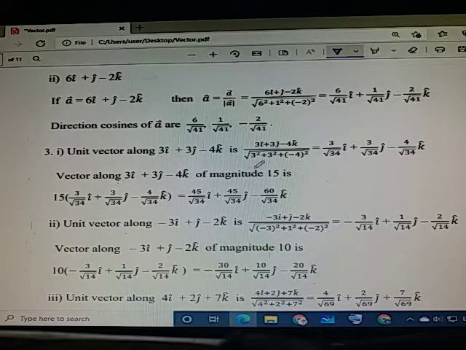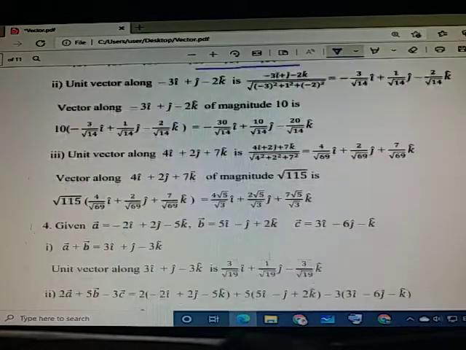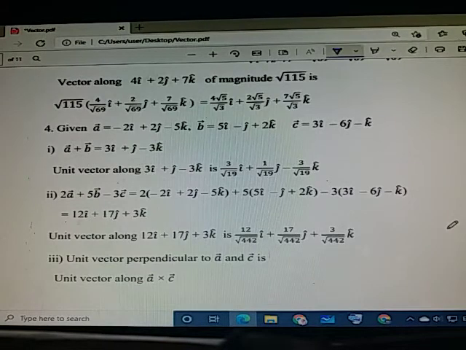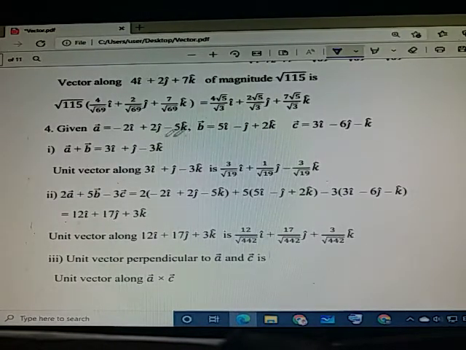Taking the unit vector along this, with magnitude 15, you multiply by 15. So this is a vector whose direction is this and magnitude is 15. In a similar way, first you find the unit vector and then multiply by this. In number 4, you have to find different things.